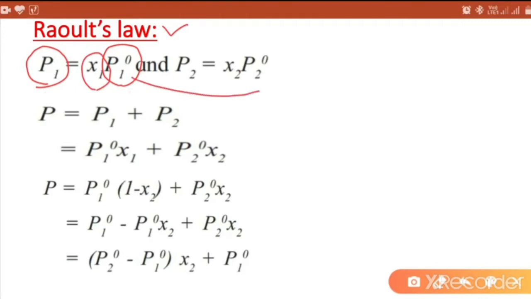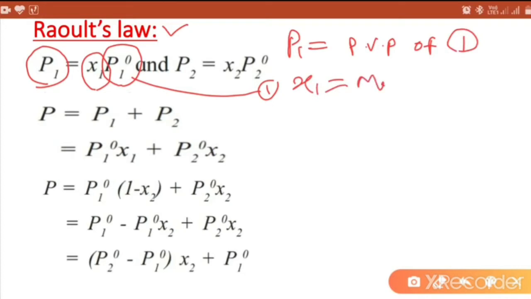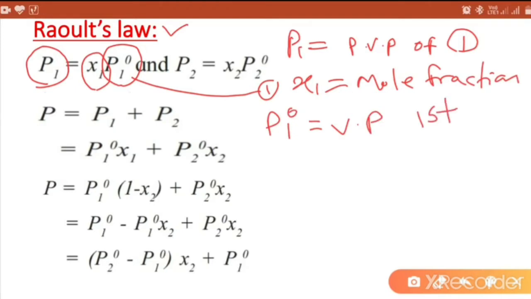In the first equation, P1 is the partial vapor pressure of the first component, X1 is the mole fraction of the first component, and P10 is the vapor pressure of the pure first component.